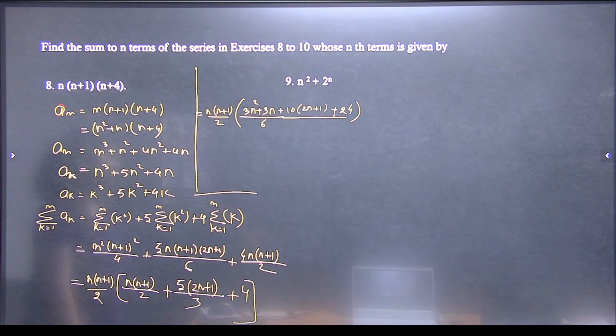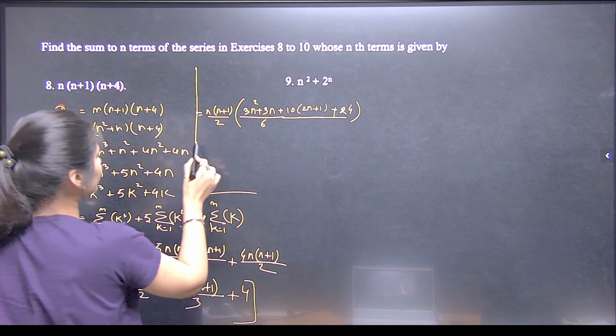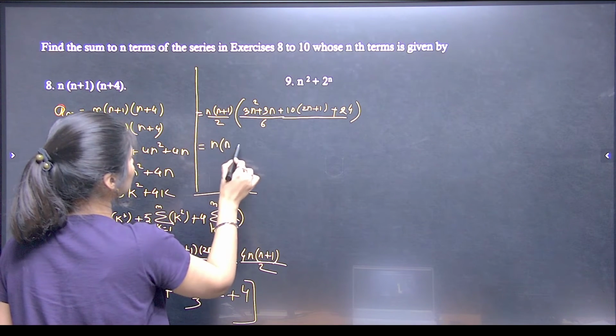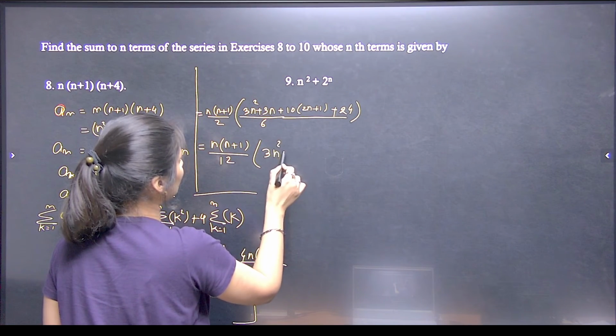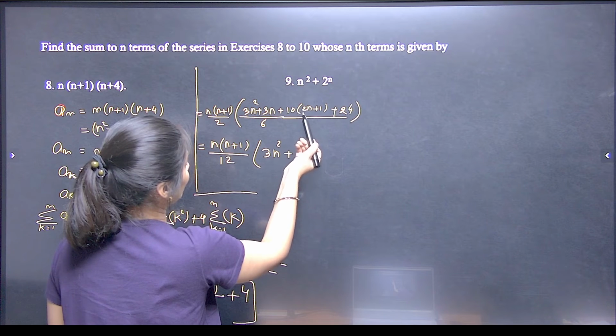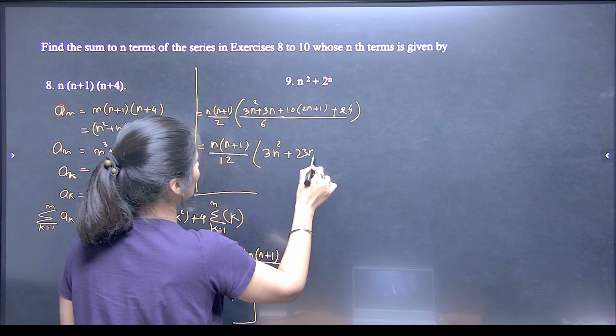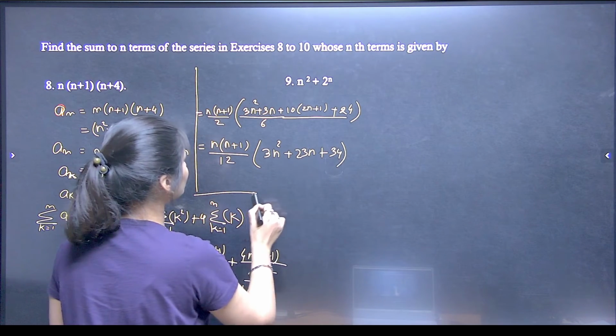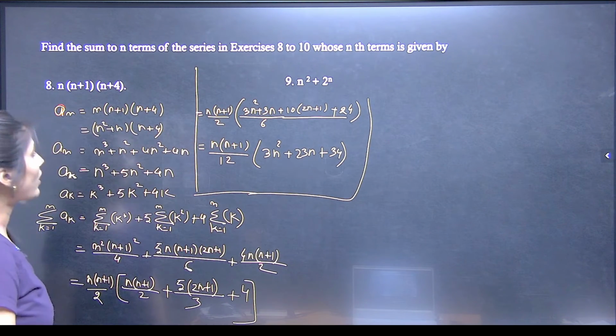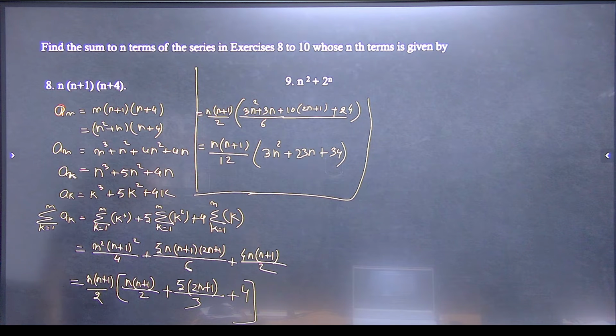This is the second bracket. Now moving further, it is n(n plus 1) by 12, and this will give 3n square plus 10 twos are 20n plus 3n, 23n, plus 10 into 1, 10, plus 24, 34. So this is the answer of question number 8.